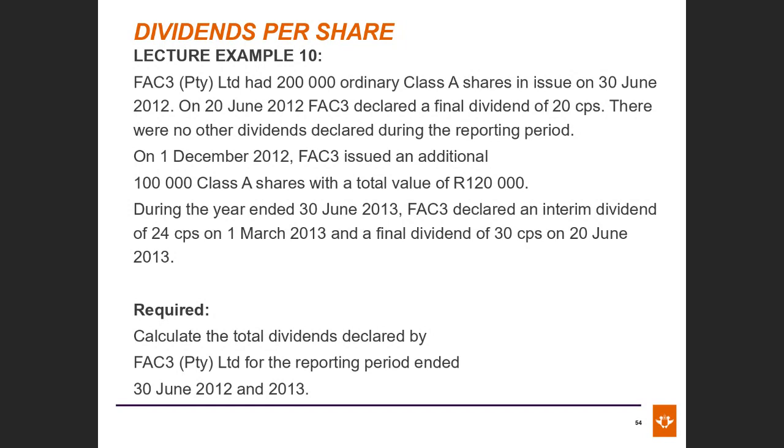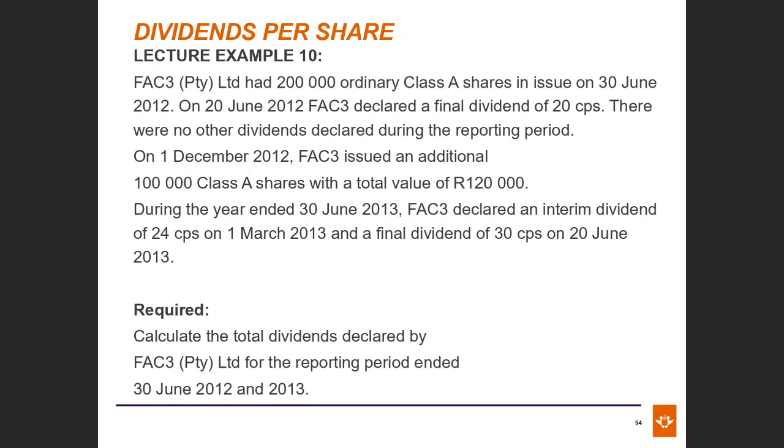On the 1st of December 2012, FAC3 issued an additional 100,000 Class A shares with a total value of 120,000. During the year ended 30 June 2013, FAC3 declared an interim dividend of 24 cents per share on the 1st of March 2013, and a final dividend of 30 cents per share on the 20th of June 2013.